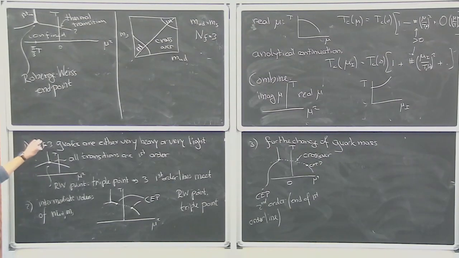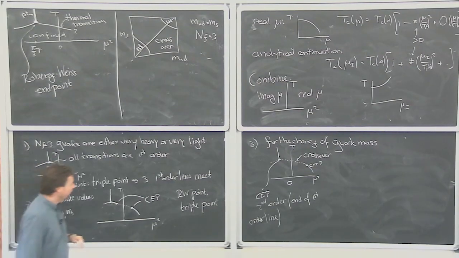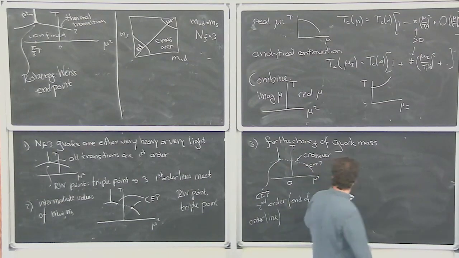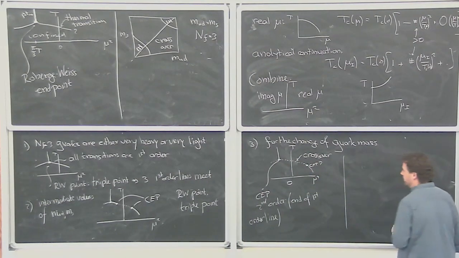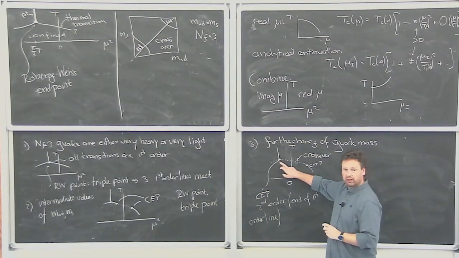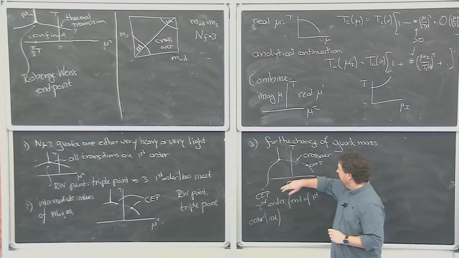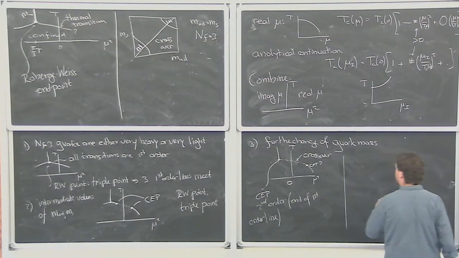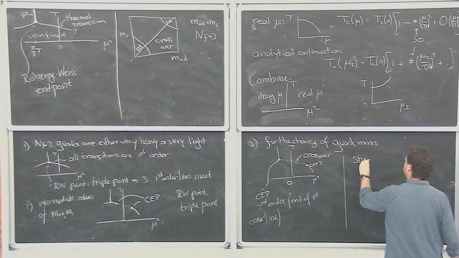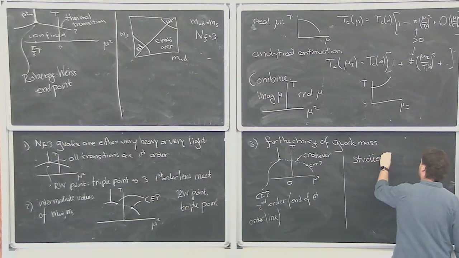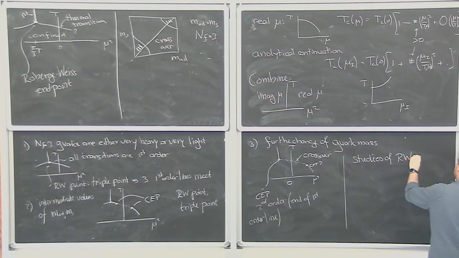So logically, these are the three possibilities, and of course, this can be studied at imaginary mu. So the nature of this point can be studied in detail. So this motivates studies of the Roberge-Weiss point.